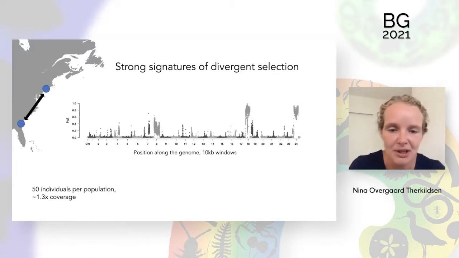And similar to what I was showing in the cod, by using low coverage whole genome sequencing, we've discovered that even though there's very little genome-wide differentiation across the distribution range, there are certain big chunks of the genome that we now know to also be chromosomal inversions in this species that show extremely high differentiation.